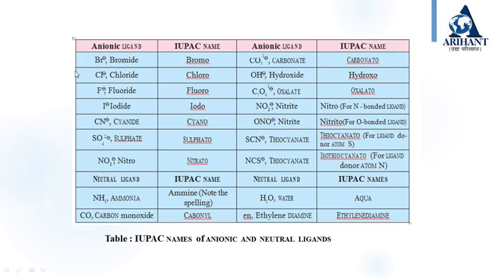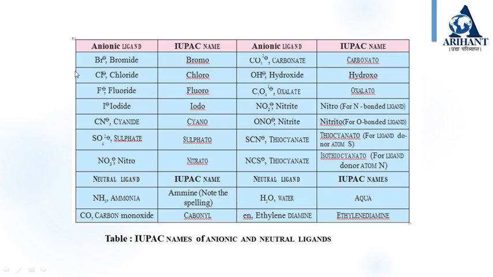The table shows IUPAC names of anionic and neutral ligands. So bromide ligand, we will call it in IUPAC bromo. For chloride, IUPAC name is chloro, fluoride, fluoro, carbonate, carbonato, hydroxide, hydroxo, oxalate, oxalato.